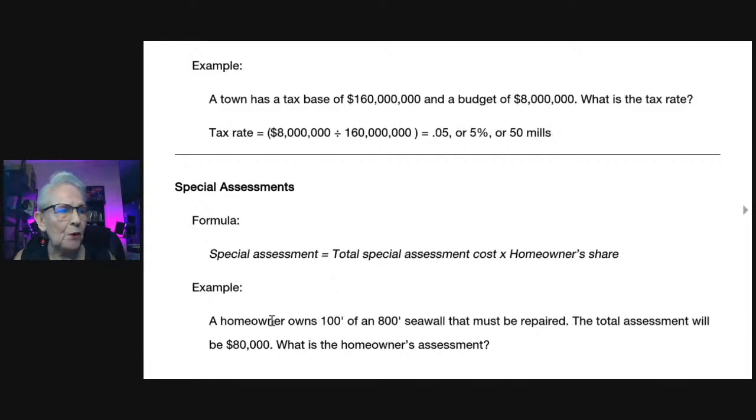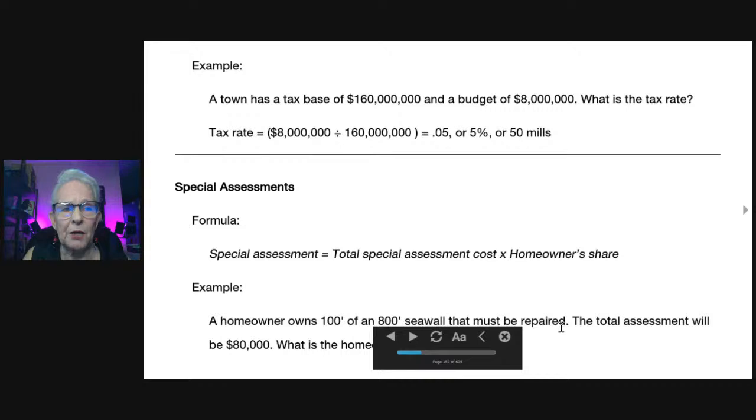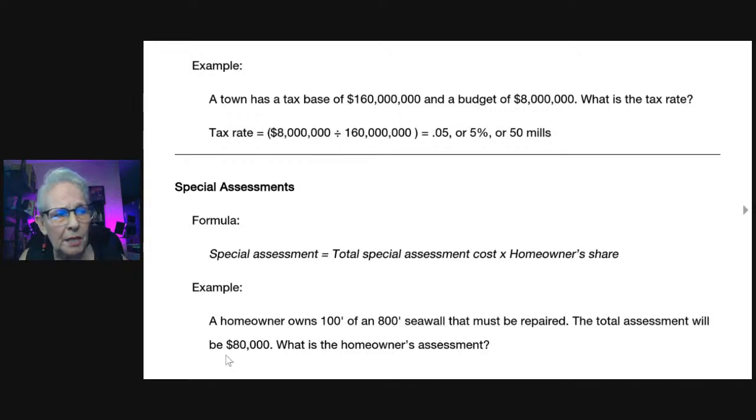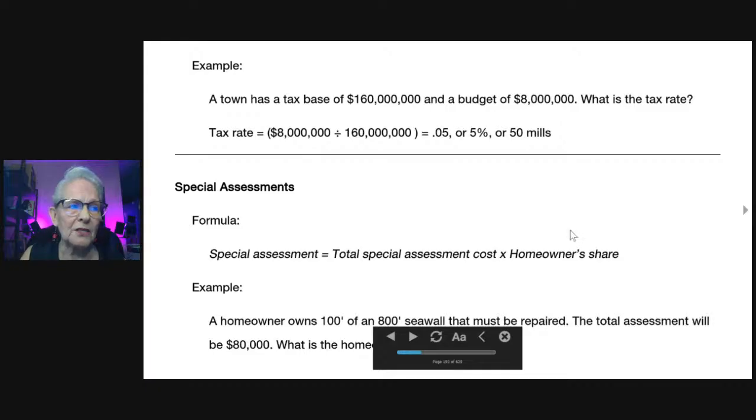So an example is a homeowner owns 100 feet of an 800-foot seawall. Okay, your units are there, feet and feet, that must be repaired. The total assessment will be $80,000. What is the homeowner's assessment?